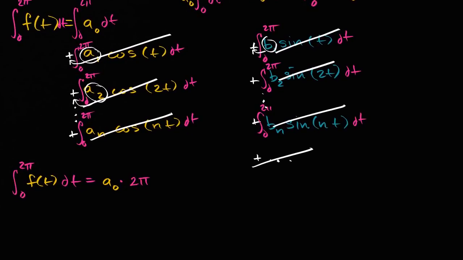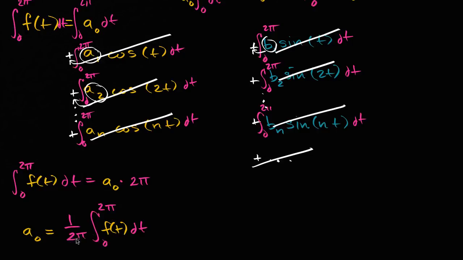A sub 0 is going to be equal to 1 over 2 pi times the definite integral from 0 to 2 pi of f of t dt.